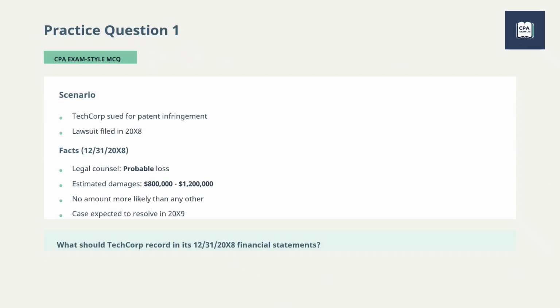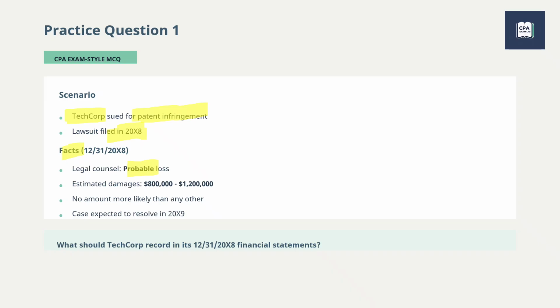As an example, you might see a multiple choice question which starts something like this. Our company is Tech Corp. We are sued for patent infringement. They filed a lawsuit in year 8, and at the end of year 8, here are the facts. We contacted our legal counsel. He said probable loss.